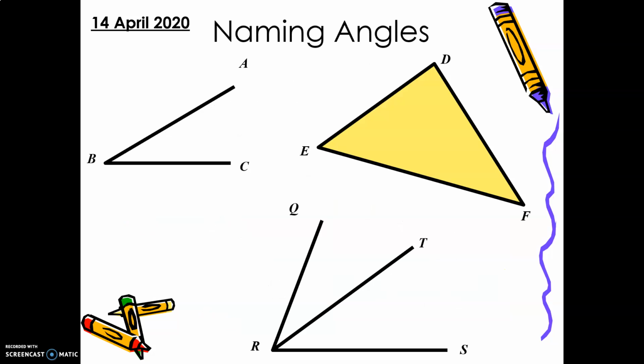So if we look at examples of why this is important, we've got the angle there ABC, but we could have called it angle CBA because B is in the center. So triangles have 3 angles in them, hence their name.